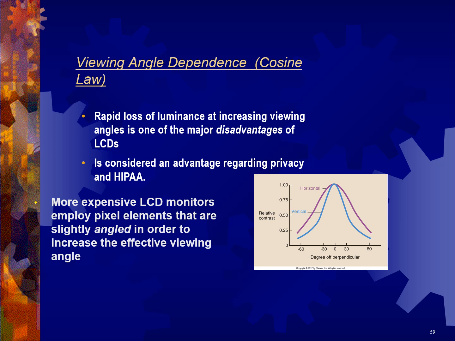Okay. Viewing angle dependence, cosine law. So the luminance at increasing viewing angles is one of the major disadvantages of LCDs. The intended broadcasted brightness drops off.